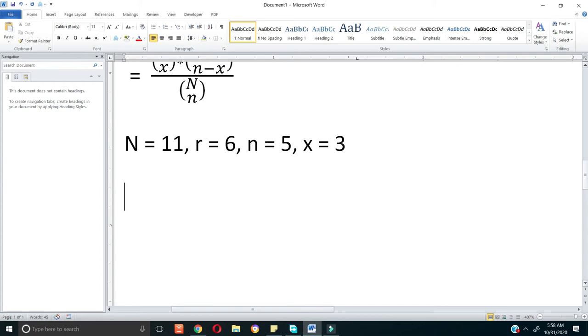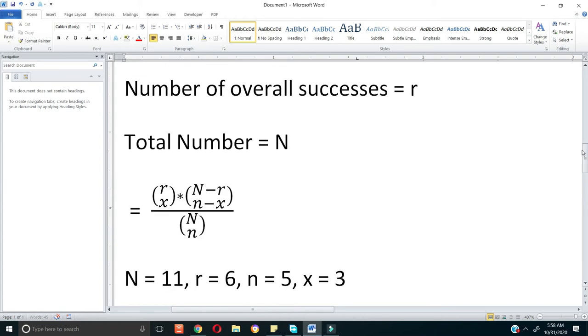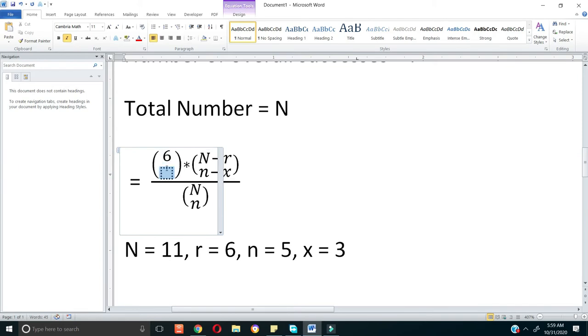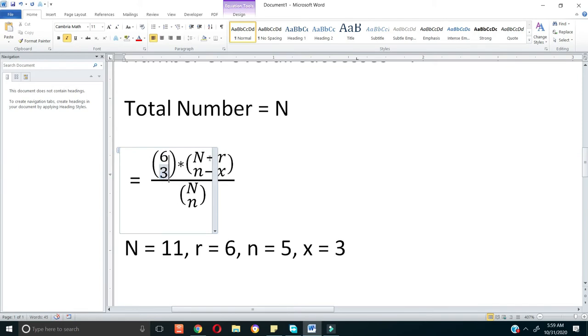So if we apply this equation, r becomes 6, and out of this 6 we want to pick 3 red balls.